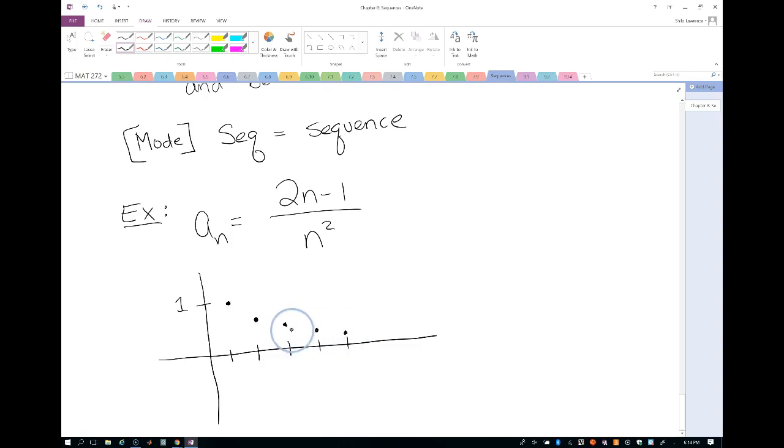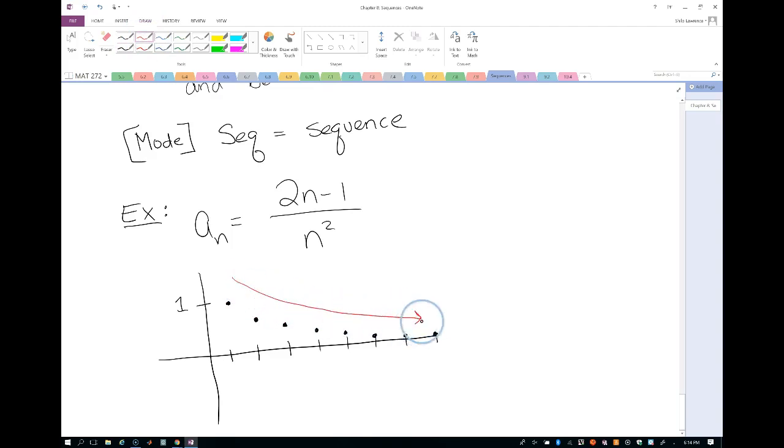These values are getting smaller and smaller, but they're staying positive. There's nothing in this expression that would ever make our terms go negative. If you plug in 6, you're going to get 11/36, which is less than 1/3. If you plug in 7, you're going to get 13/49. Plug in 8, you're going to get 15/64. So we can see the trend of these terms.